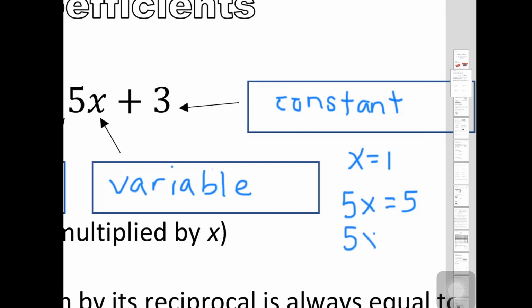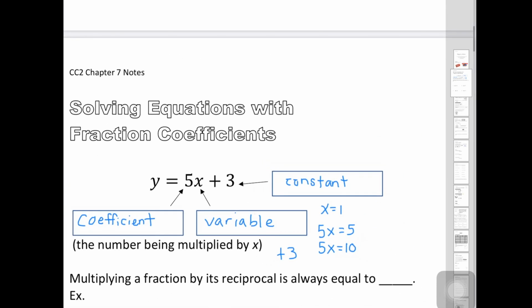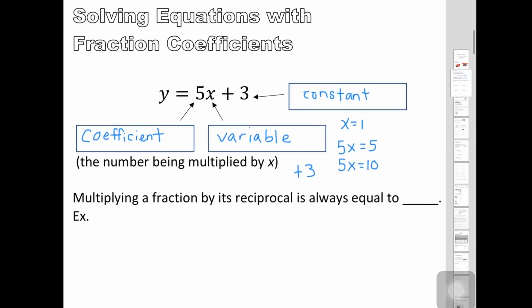If I said x is equal to 2, then this here would be equal to 10 because 5 times 2 is 10. So that number changes depending on the value of x. But if you look at 3 and I say x is equal to 8, that plus 3 is still plus 3. It stays constant, and so that is its special name.